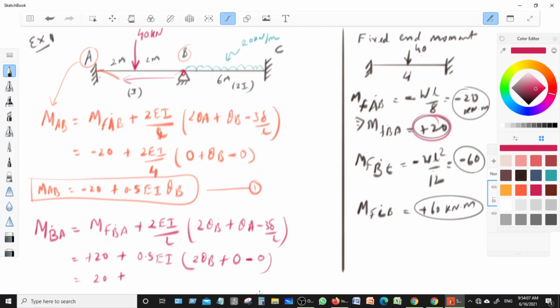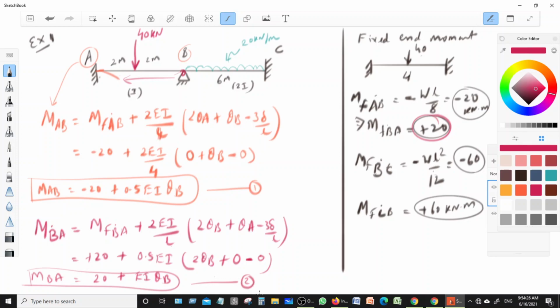plus EI theta B. So this one is the MBA. So you get another equation, that is equation number 2.